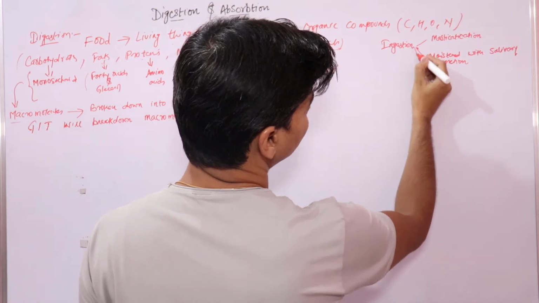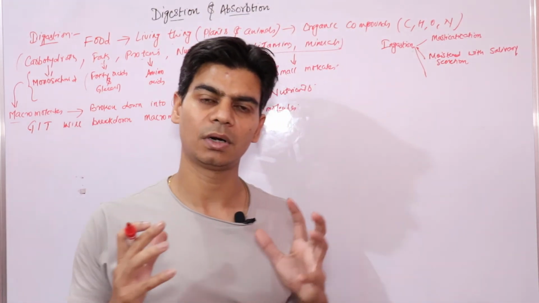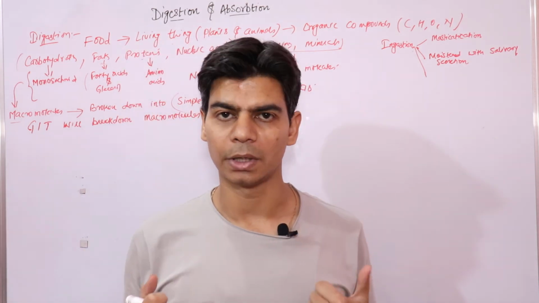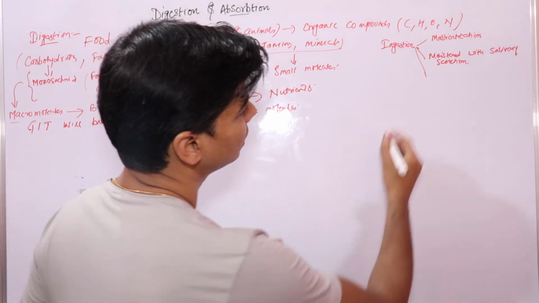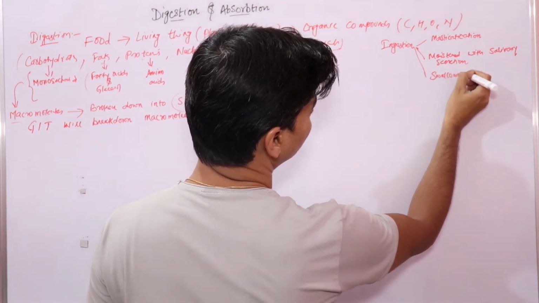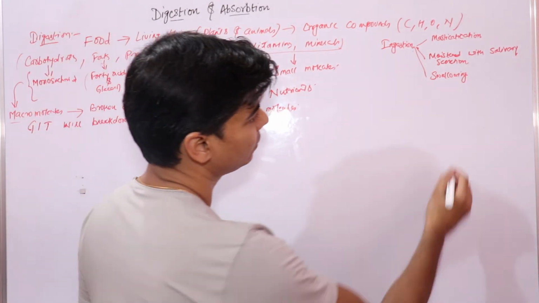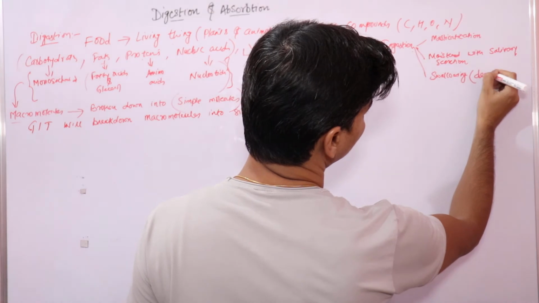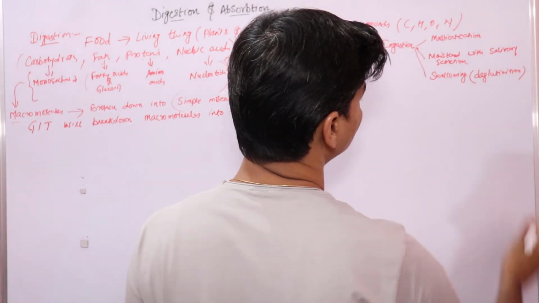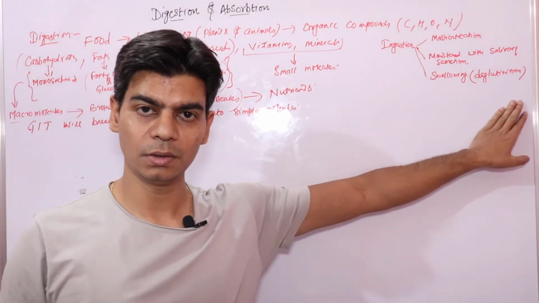Then once the food is broken down into smaller particles and moistened with saliva, we swallow it. So the third thing in ingestion is swallowing. This swallowing is known as deglutination. Swallowing is deglutination.